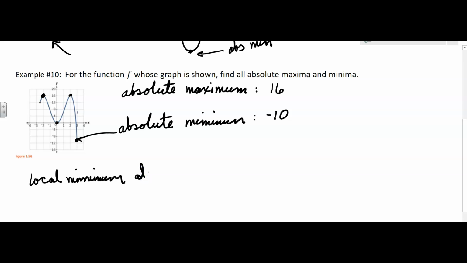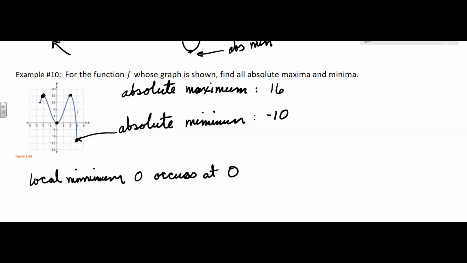There's a local minimum at 0. The local minimum of 0 occurs at 0. They didn't ask for the local ones, they just wanted absolute ones, but that's the difference, okay?